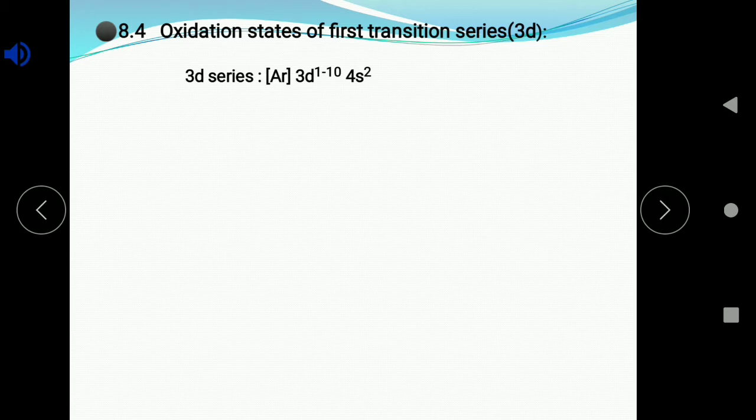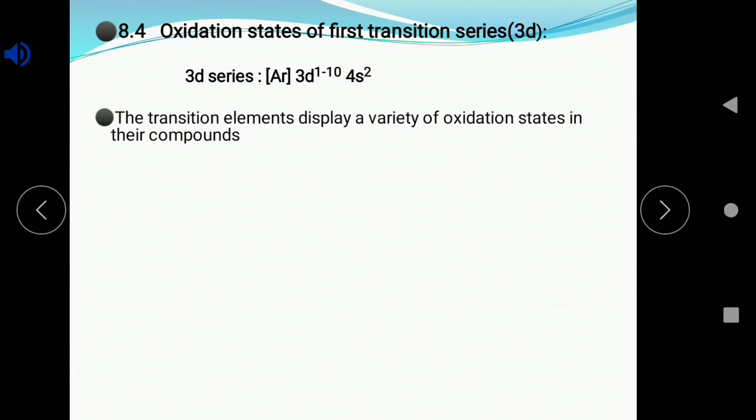As D has a capacity to accommodate 10 electrons, these elements show a variety of oxidation states. Variety means the number of oxidation states or number of compounds formed by these elements is many. So they display a variety of oxidation states in their compounds.